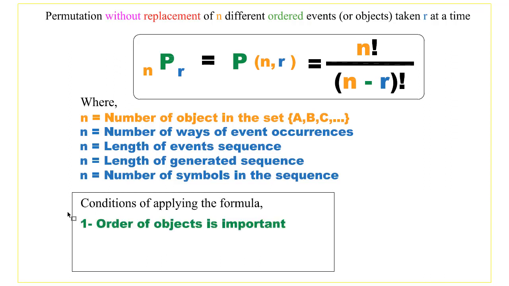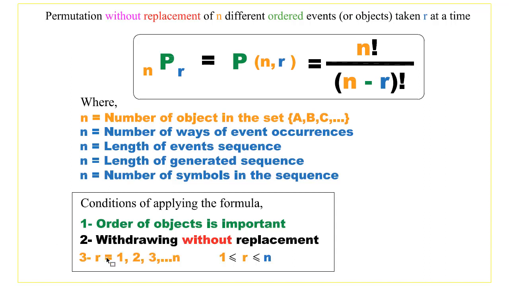The first condition is all objects are ordered. The second one, we are withdrawing without replacement, and the third one, R ranges from 1 to n as a natural number. So R is in between 1 and n, including 1 and n.